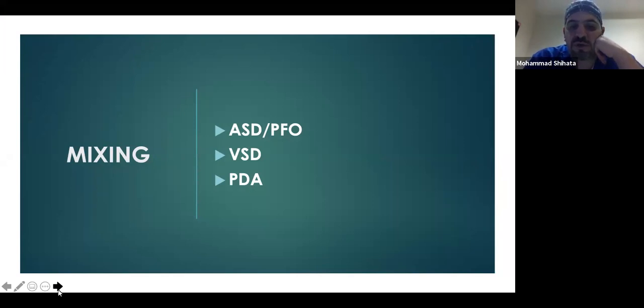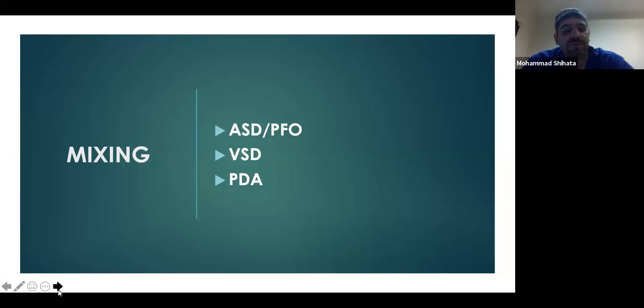And the VSD in general is not a good mixing site because in systole, whatever blood is coming out of the VSD usually goes to the nearby trunk. So it doesn't really mix that well, especially in diastole. And quite often, even in the presence of a good sized VSD, these patients can be quite cyanotic.